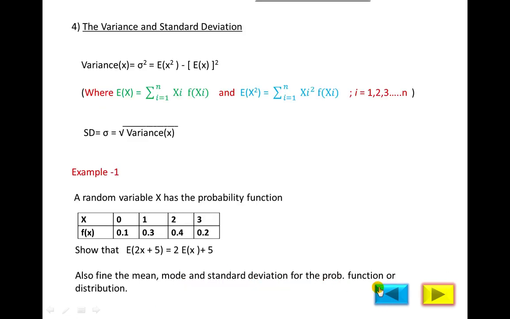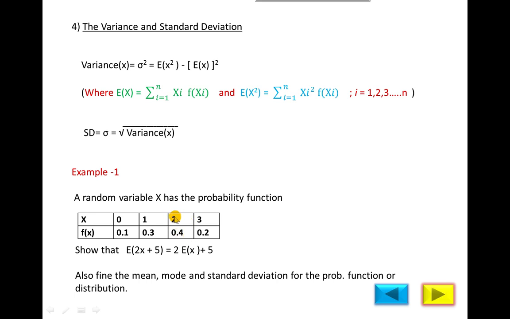And what is the mode? You know that mode is the most frequent or repeated value, or the highest frequency indicates the modal class. If the frequency is high, the relative frequency or probability will be high. In this probability distribution table, you can observe the highest probability is 0.4 and the corresponding value of x is 2.